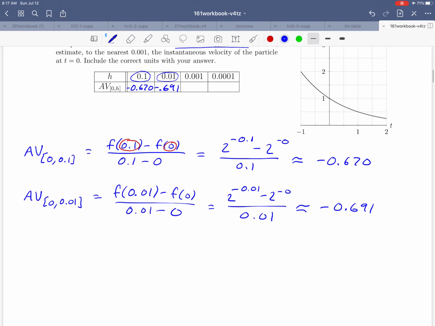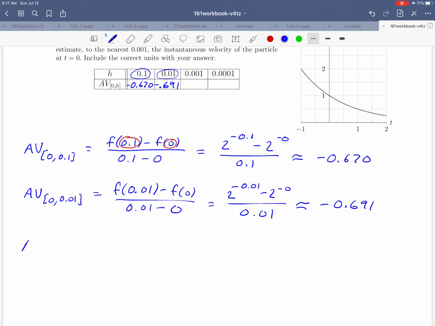And we just continue the same way down our table. So the average velocity between 0 and 0.001. I'm going to jump straight to here because these calculations start looking the same. This time we're just going to get 2 to the negative 0.001.